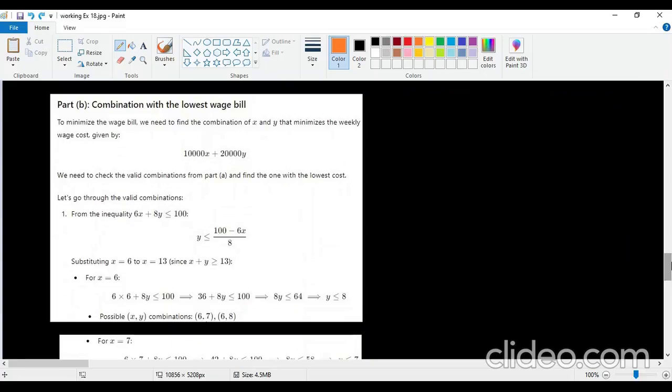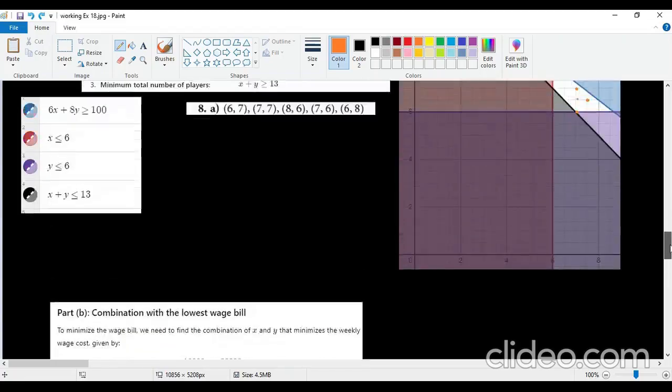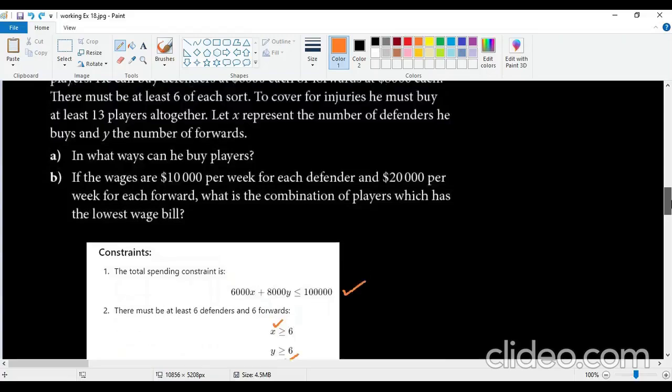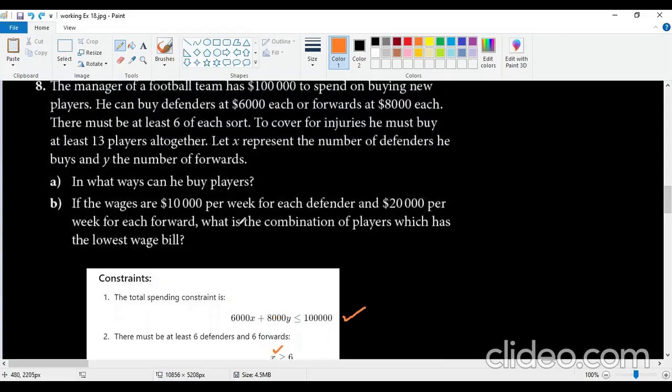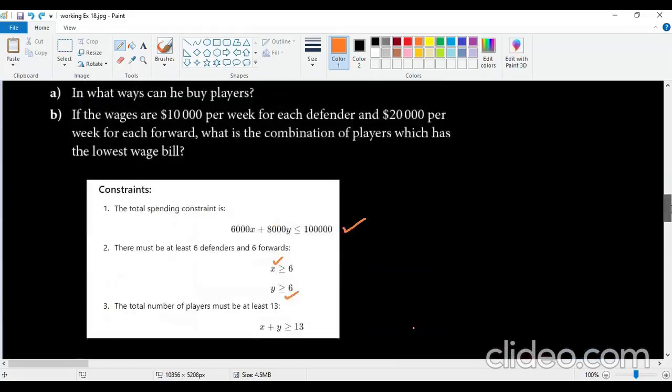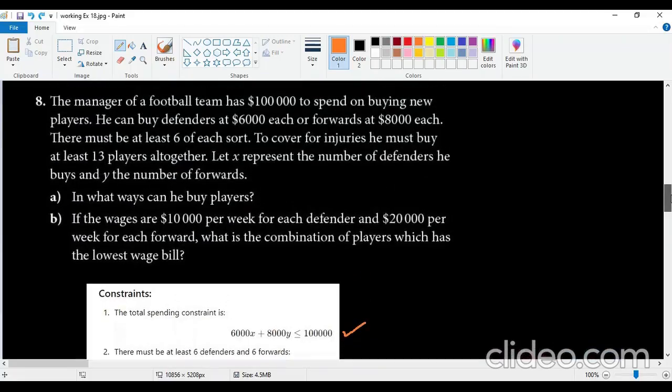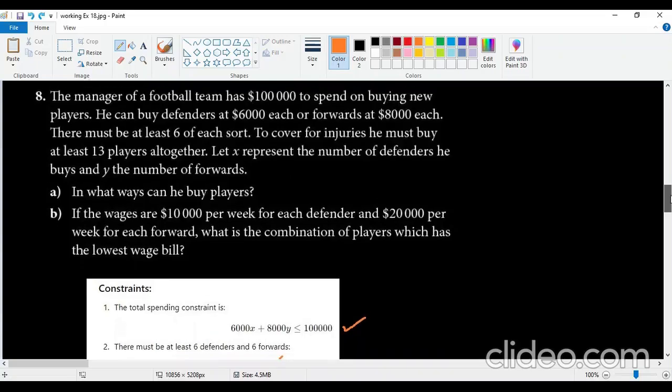So this is how you need to do the calculations for the wages. For the wages, it's 10,000 for the X values and 20,000 for Y. So let's see what the x's and y's are. In here it says that x represents the number of defenders.